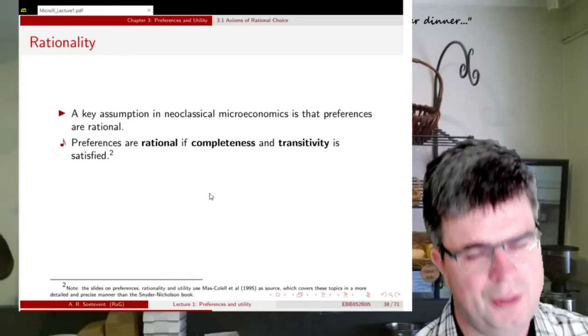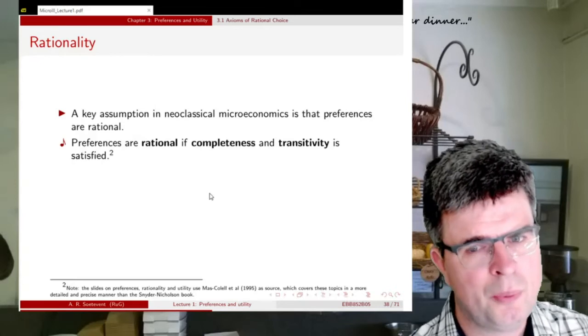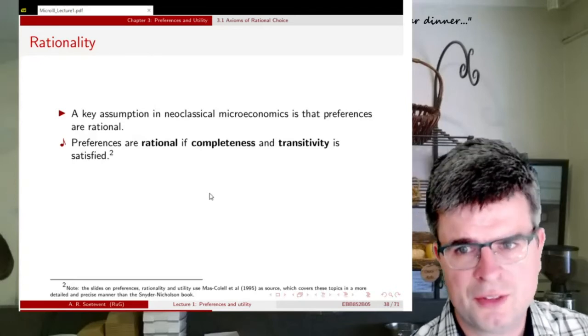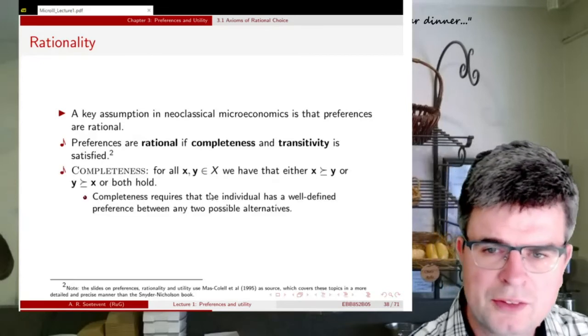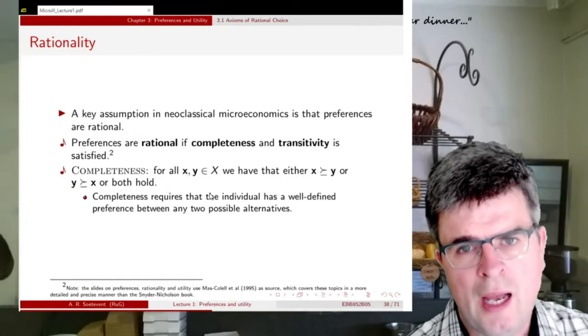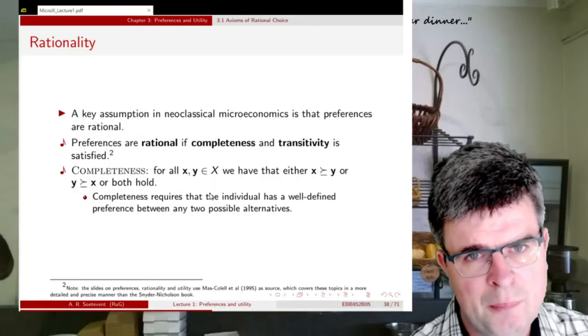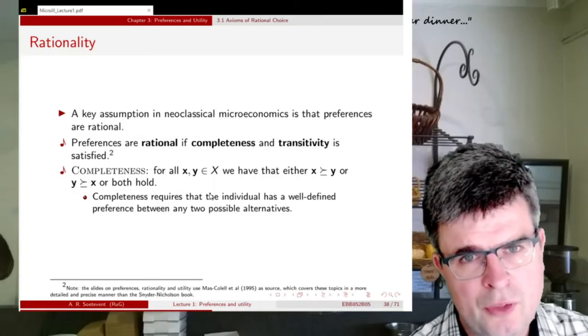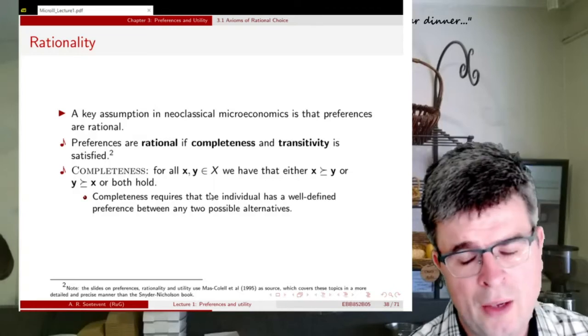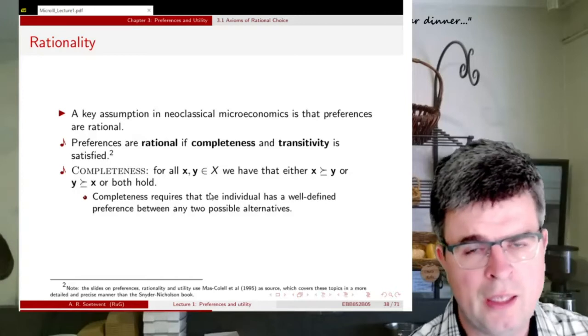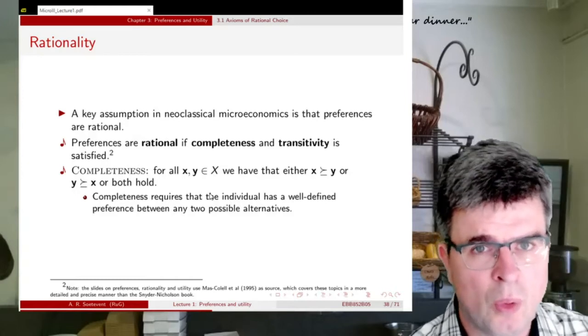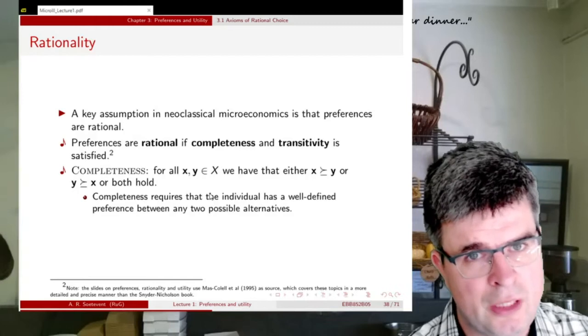And now the follow-up question is, what do we mean by completeness and transitivity? Well, completeness says that if we have 2 alternatives in a choice set, then it must be that the individual weakly prefers bundle X over Y, or he weakly prefers Y over X, or both, in which case he or she is indifferent.